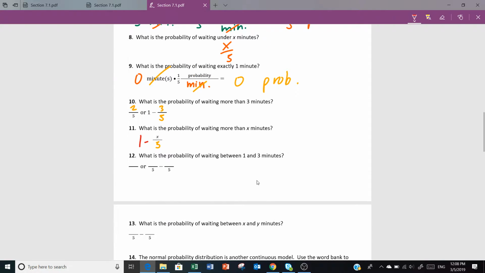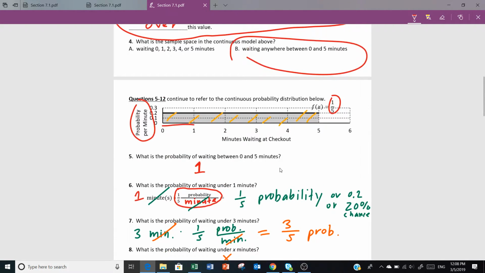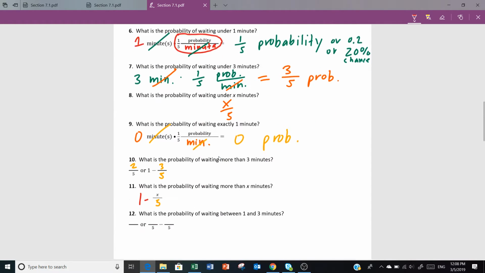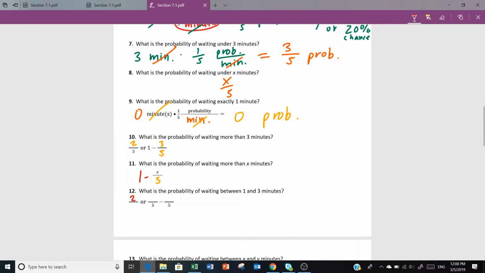Okay, what's the probability of waiting between 1 and 2 minutes? How many minutes pass between 1 and 2 minutes, or 1 and 3 minutes? 2, so it should be 2 over 5. Is there another way to write that? Let's see if we can figure that out. It's a 2 in the answer.